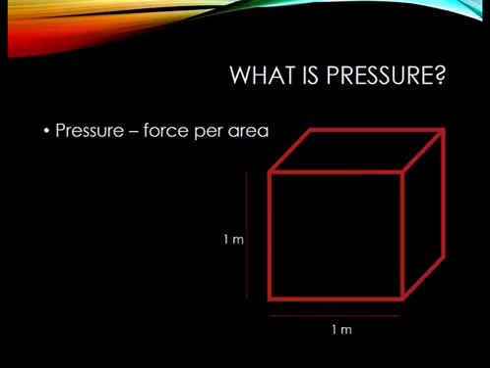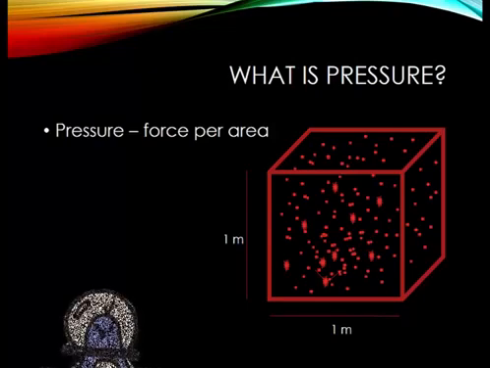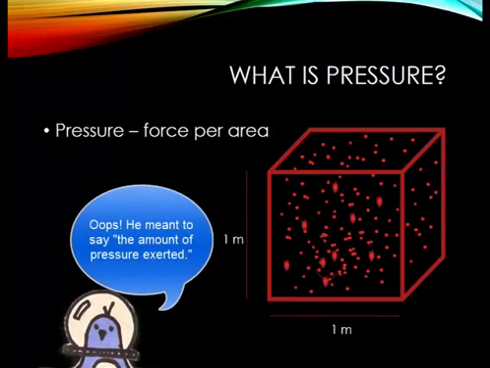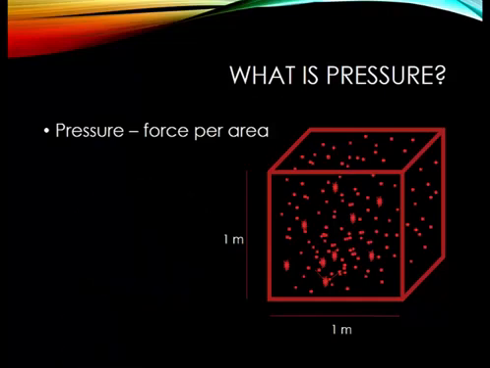The more particles that are present will result in more collisions. More collisions mean a greater force exerted over the area, and so the pressure would increase. Just to put this unit of pressure in perspective, the pressure that the air is exerting on you is approximately 101,000 pascals, or 101 kilopascals.